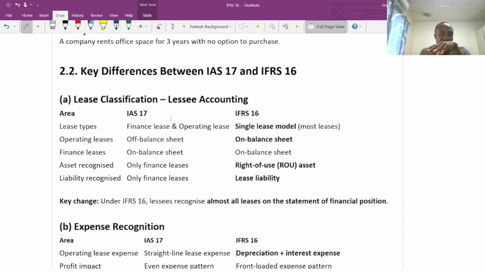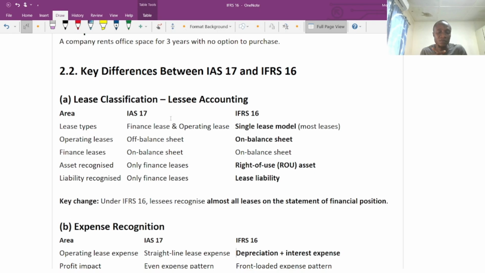For the finance lease, the finance lease is on balance sheet, which will be recognized as an asset in the financial statement under IAS 17. Same goes for IFRS 16. It will be accounted for on the statement of financial position as the right-of-use asset. Another distinction, assets recognized: only finance leases are recognized under IAS 17, whilst for IFRS 16, we are going to recognize the right-of-use asset.